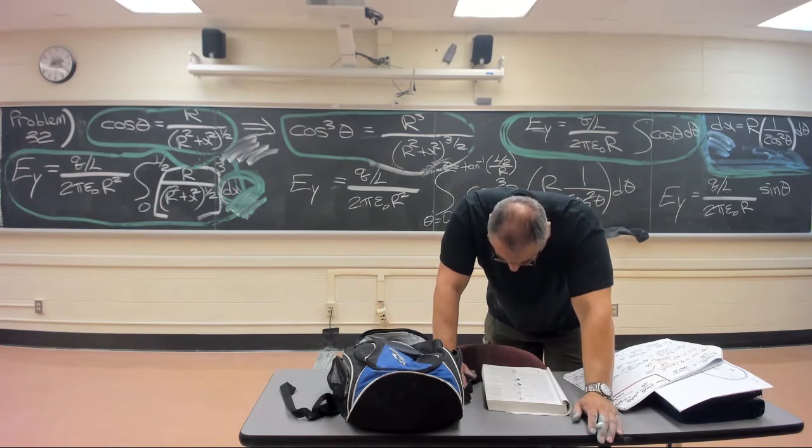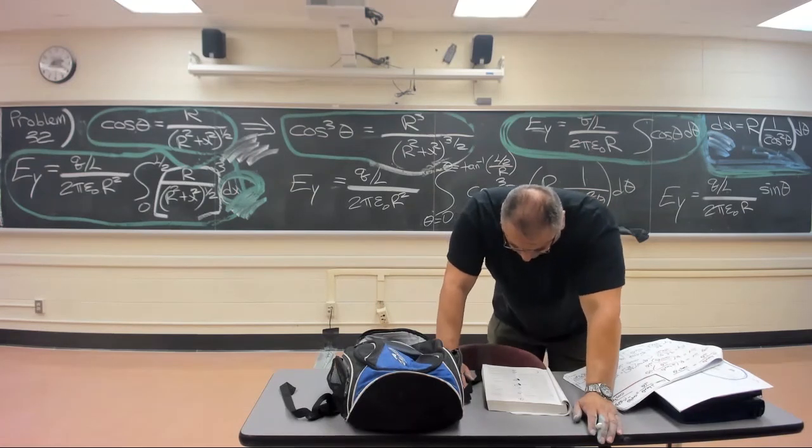So they got picocoulombs here. Q equals 7.81 times 10 to the negative 12 coulombs. Capital L is 14.5 centimeters, which is 0.145 meters. Capital R is 6 centimeters, that's 0.06 meters, et cetera.